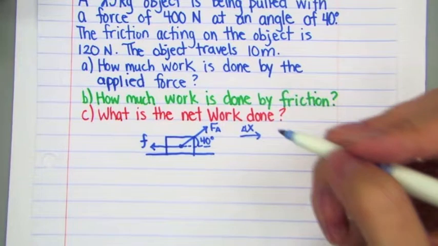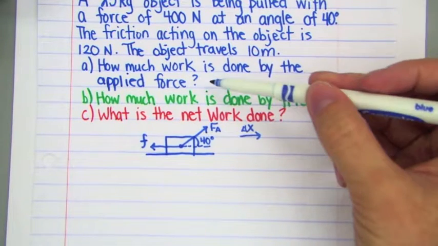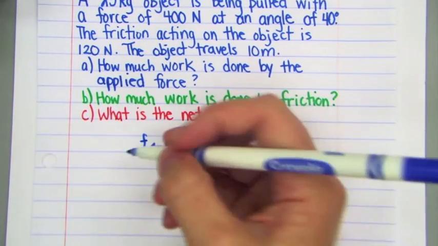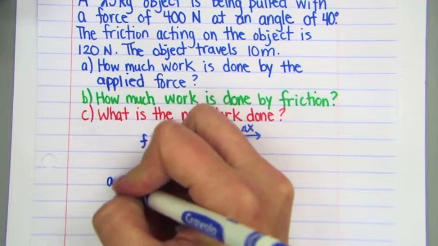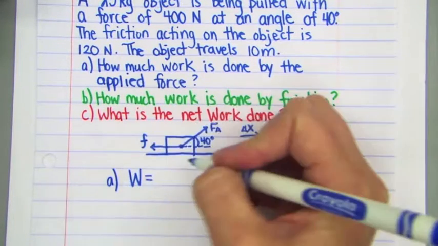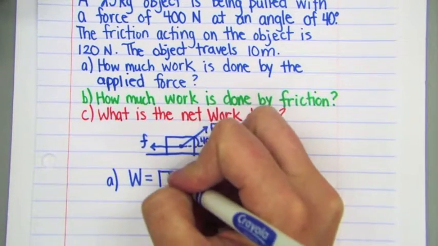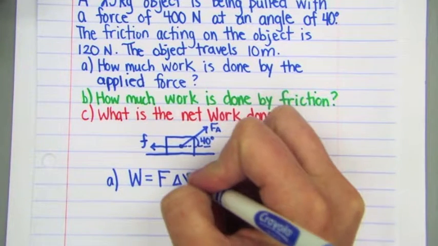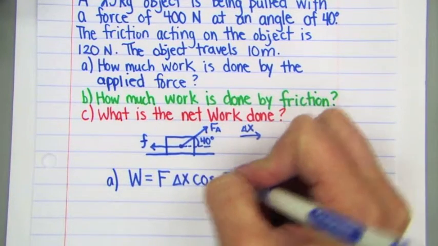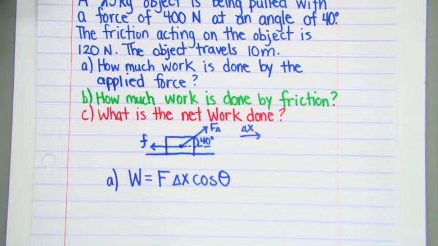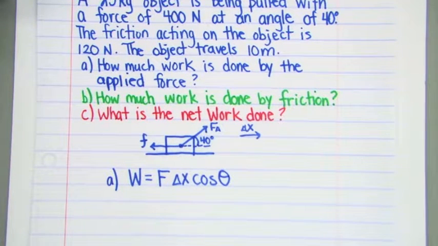Now we can determine how much work is done by the applied force. The work done on an object is determined by the force times the displacement times the cosine of the angle. Now, why is it a cosine?